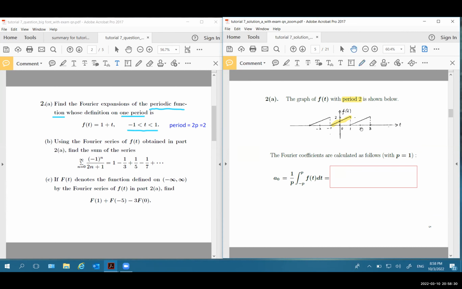So 1 plus t is actually a straight line. Periodic means that you repeat this pattern. You repeat here, you repeat here, and you can repeat some more. So you get this.